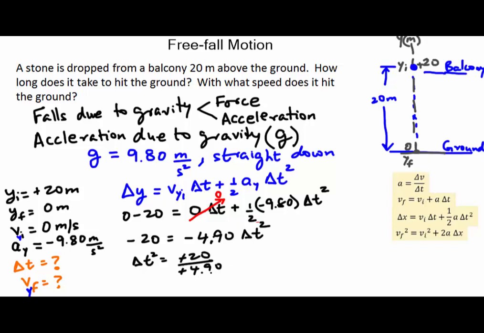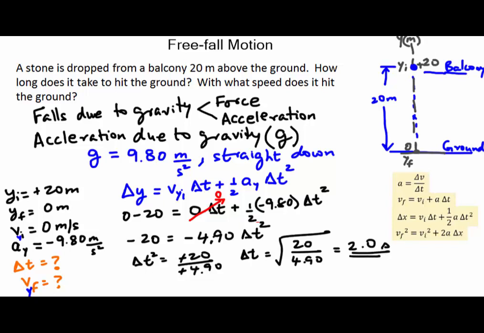The negatives cancel, and delta T in seconds would simply be the square root of 20 divided by 4.90, and that turns out to be 2.0 seconds, down to 2 significant digits, which is what some of our inputs were.